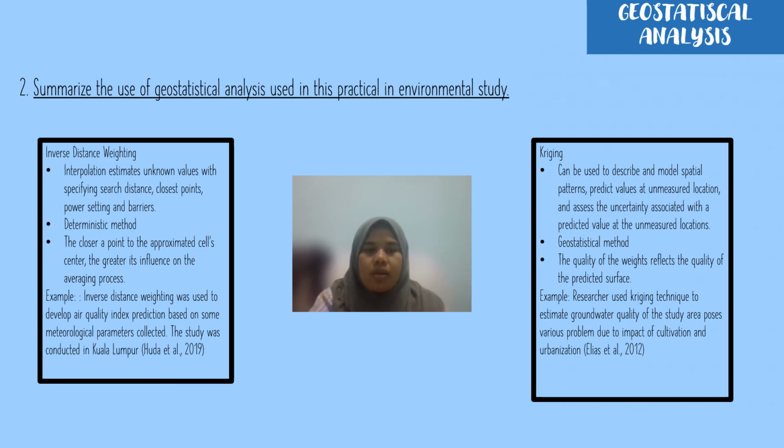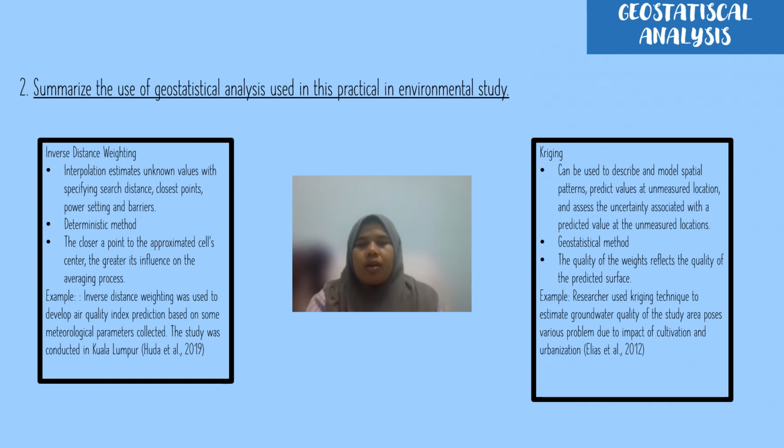It is a type of deterministic method. The closer a point is to an approximated cell center, the greater its influence on the averaging process. For example, inverse distance weighting was used to develop air quality index prediction based on some meteorological parameters collected. The study was conducted in Kuala Lumpur.